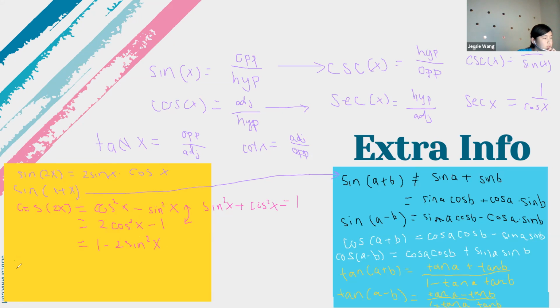So we have tan of 2x. And this is equal to 2 tan x over 1 minus tan squared x.